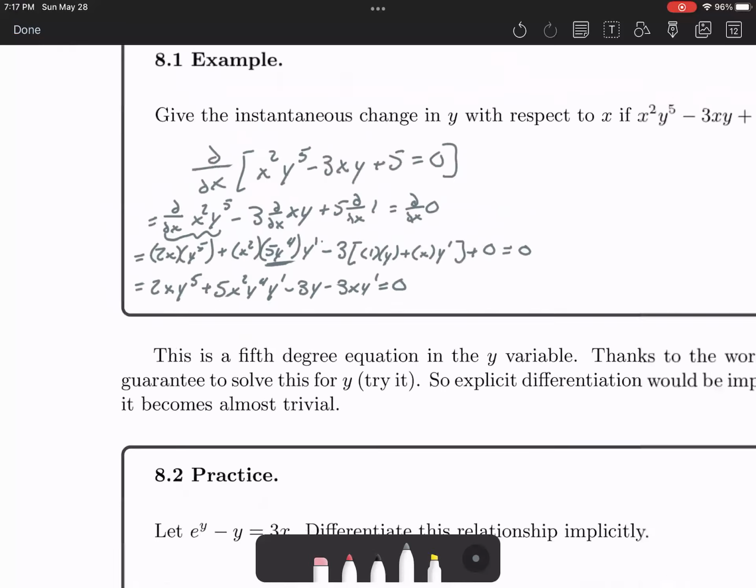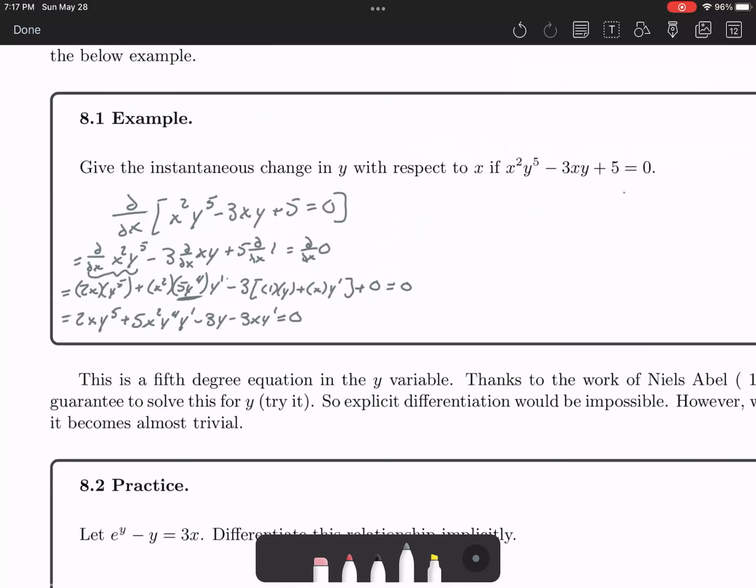Okay, let's remind ourselves of what we're trying to do. Give the instantaneous rate of change in y with respect to x. I'm looking for dy dx. Right, I'm looking to solve for y prime. So let's take that relationship that we just gave ourselves and solve that for y prime.